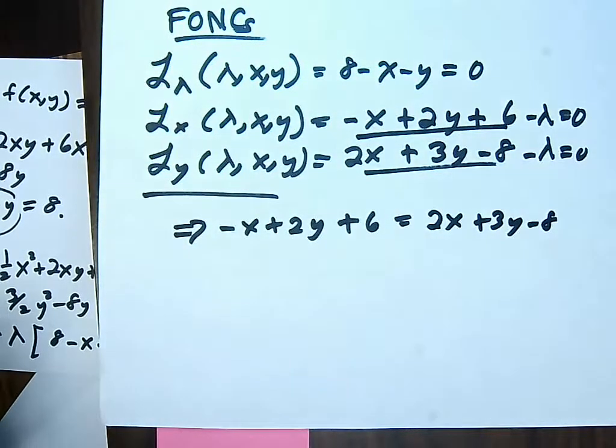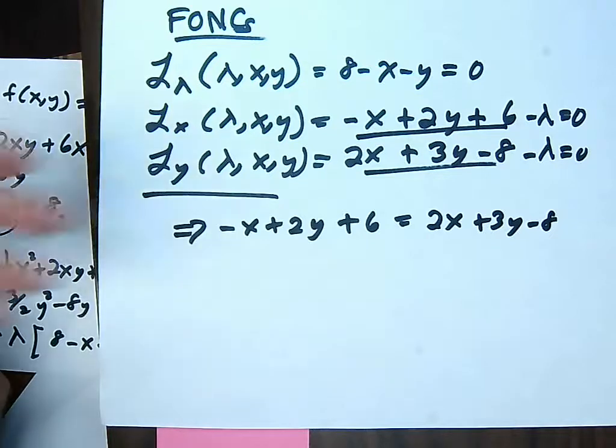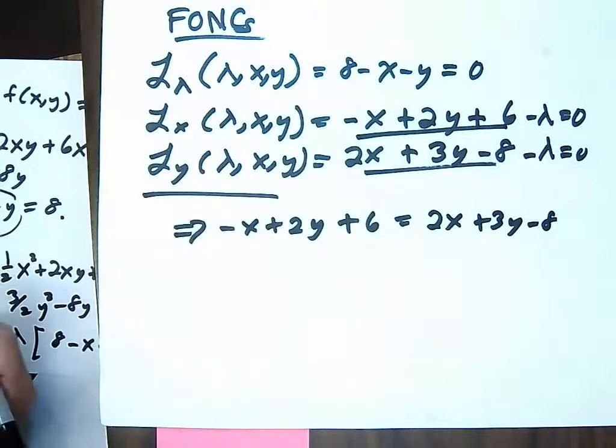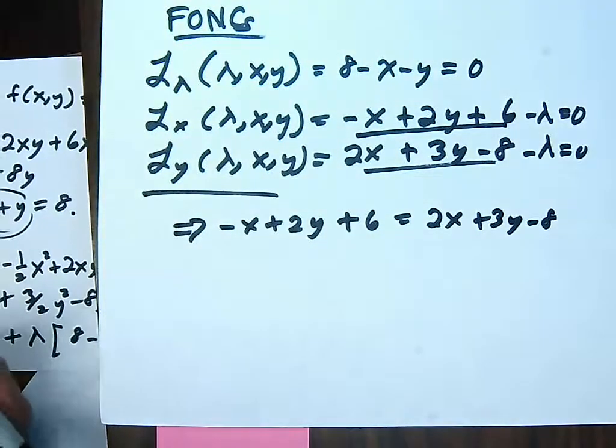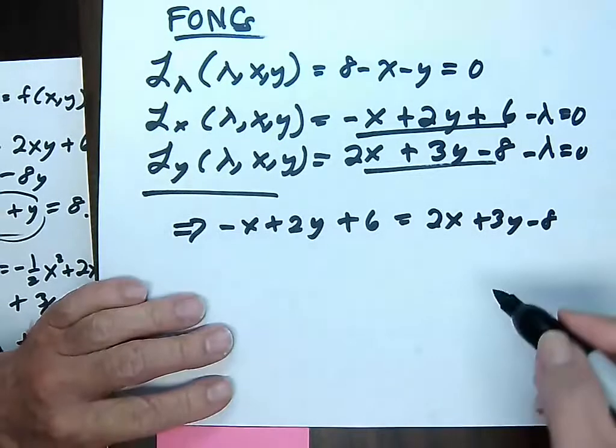So now we want to reduce this equation and maybe just solve for either x or for y in terms of the other variable, and then substitute it into the first order necessary condition, and then just get one equation and one unknown that we can solve for. So here's what we're going to do. Let's see, what if we subtract 2y from both sides?